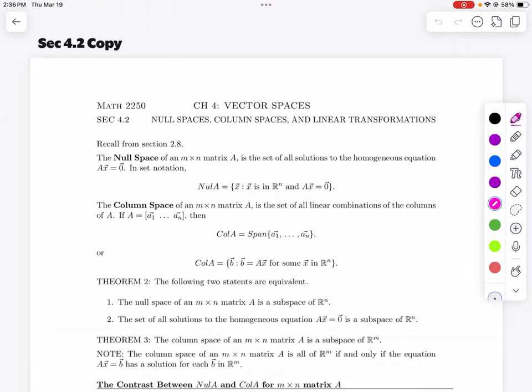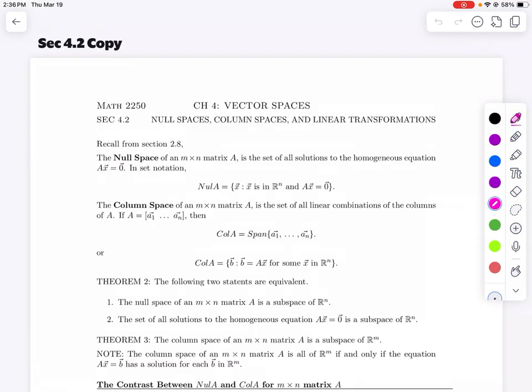Welcome back, section 4.2. Null spaces, column spaces, and linear transformations. Now, if you recall, these concepts should look familiar because we studied them in chapter 1 and chapter 2.